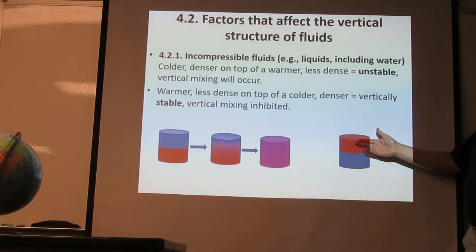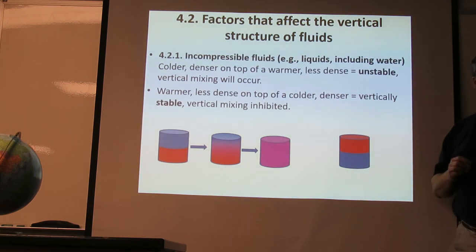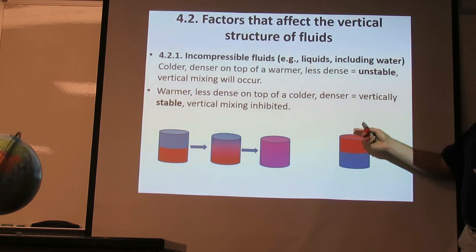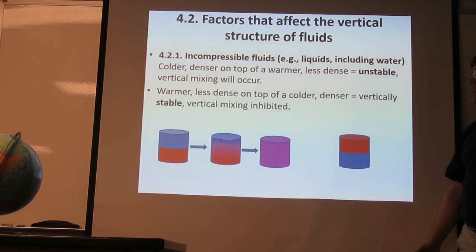But if we have less dense warm water on top of denser colder water, we can get layers. So you were able to get some layering in that first lab way back when, if you still remember that, with the warm versus cold. And so that difference is stable, and things tend to not mix as much.